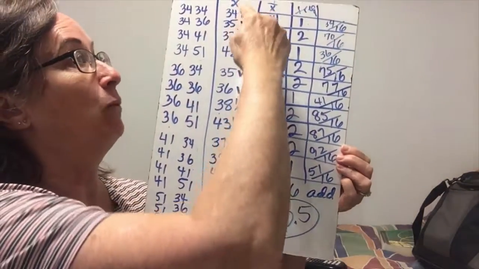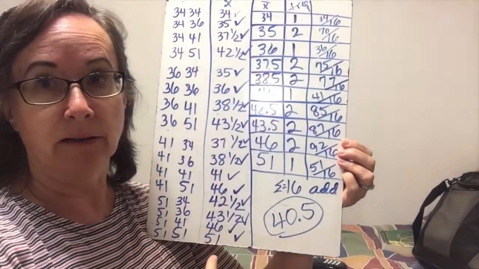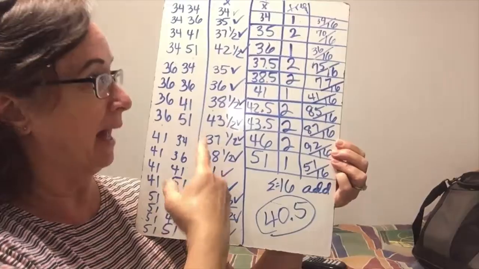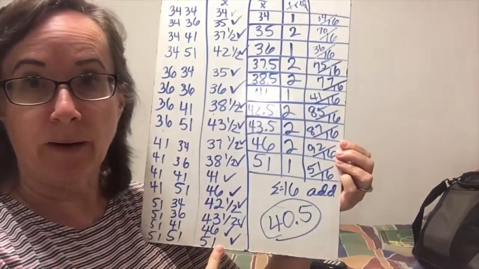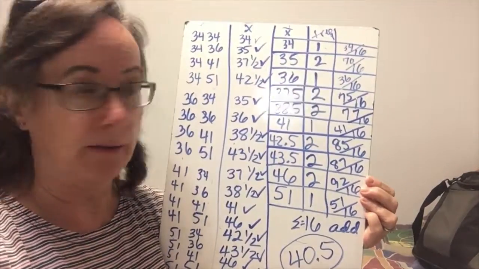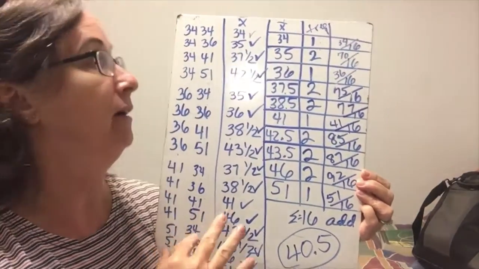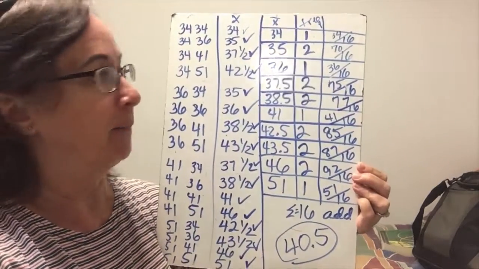Then I averaged each one of them. This is the X bar here. In this column, I averaged the 2 together and I got each one of the means. So then I needed to make the sampling distribution. This is just my data collecting here. So then I came over here and I said, each individual X bar.